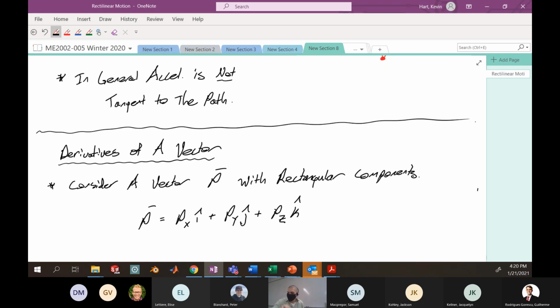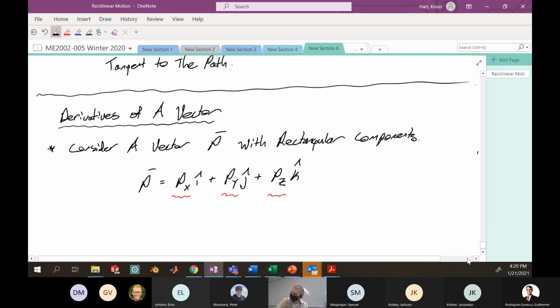Now, in general, what we're going to see in this class is that the individual components that make up the i direction, the j direction, and the k direction, these individual constants may vary as a function of some other parameter. We've seen the acceleration as a function of position, right? We've seen velocity as a function of time, etc. So let's say that each one of these individual constants that dictate the rectangular components might be a function of some other variable, and we'll call it u here.